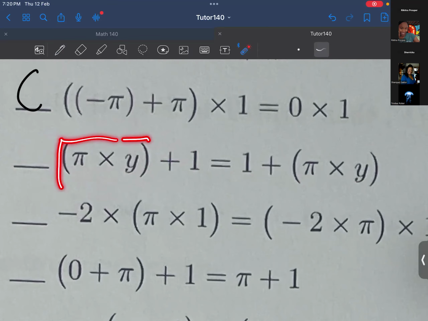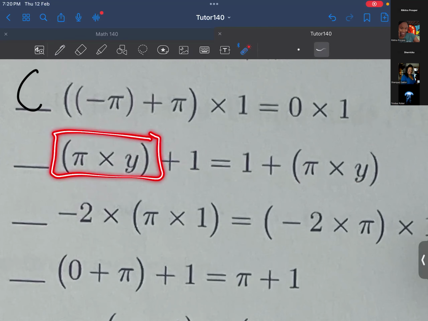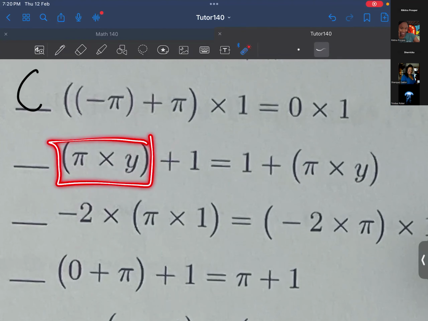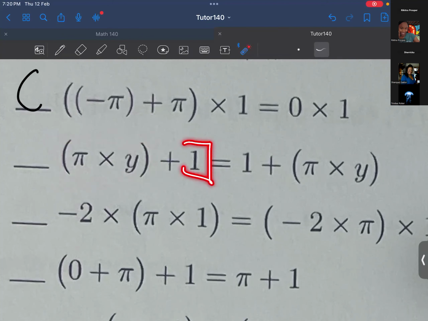I'm looking at it as 1 number, because regardless, pi times y will give you 1 number. 3 times 4 gives you 12, right? That's 1 number. So regardless, sometimes you gotta look at it not as multiple numbers, but as 1 number. And if you look at this as 1 number and look at this as 1 number, they're just switching around the places. This tells me that this is the commutative property of addition.